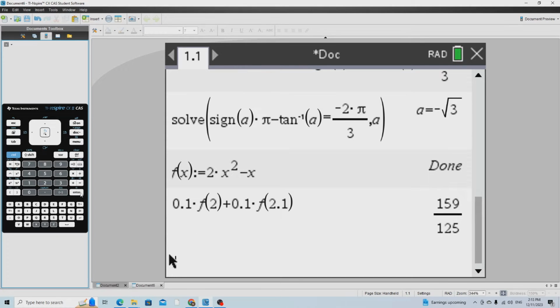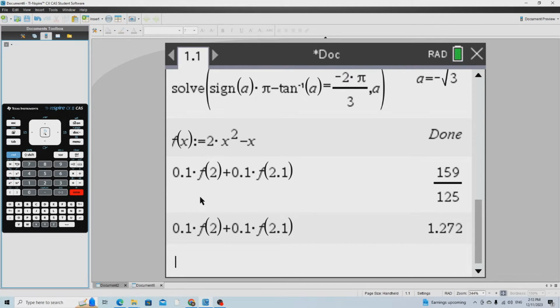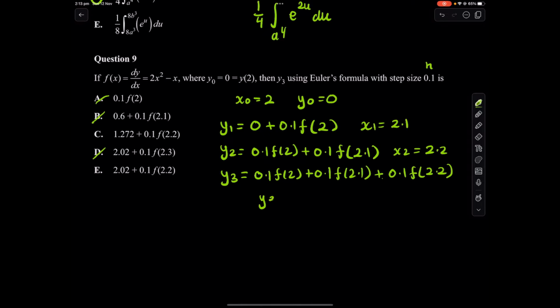Enter that, and that gives us 1.272. So this expression, y3, is 1.272 plus 0.1 f of 2.2, which looks like C is your answer for that one.